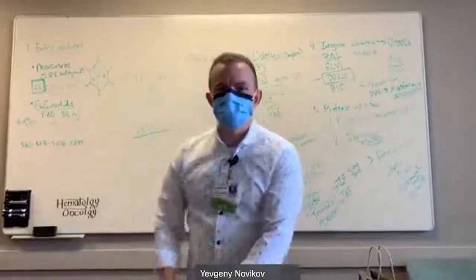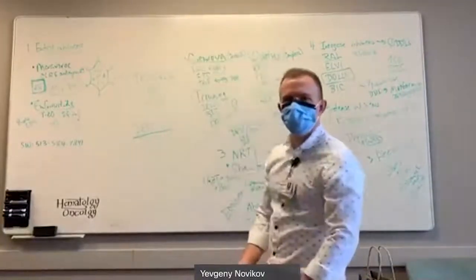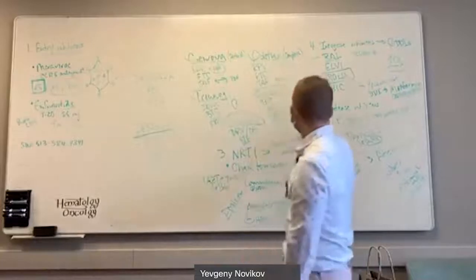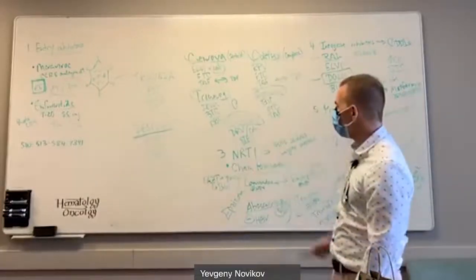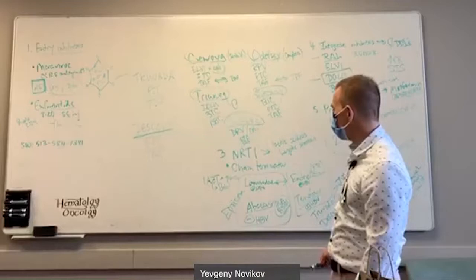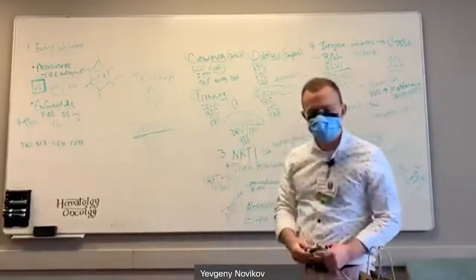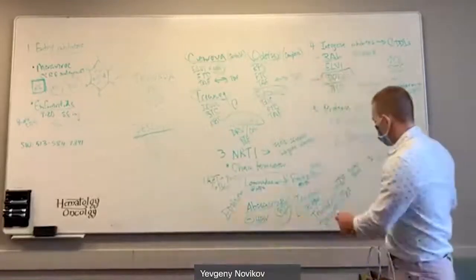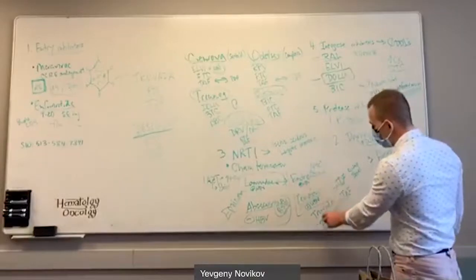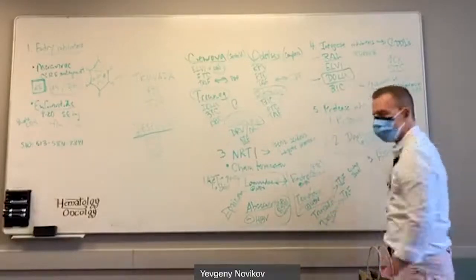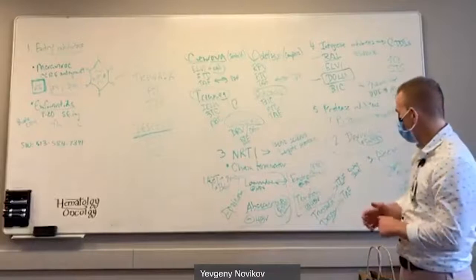Gordon asks, can you discuss HIV treatment during pregnancy and childbirth? So HIV, pregnancy and childbirth. Don't use dolutegravir. Don't use efavirenz. Truvada and Descovy are still kind of the backbone.